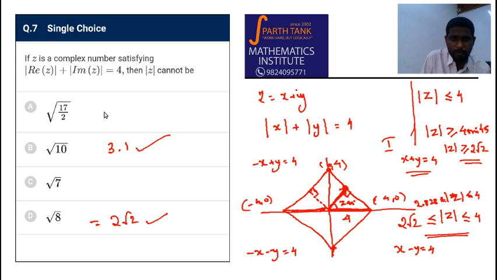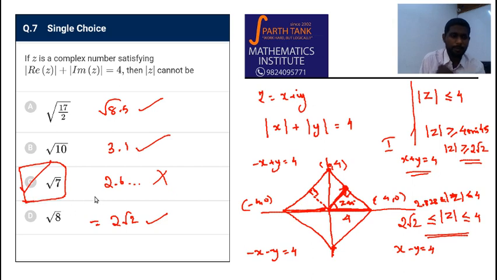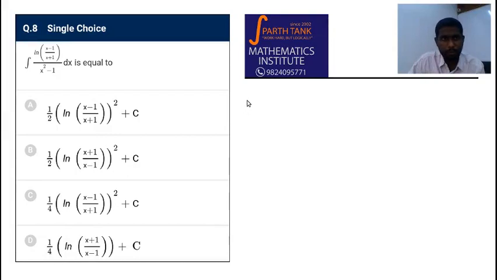Root 8.5 is also allowed, but root 7 is less than 2.8, right? Root 7 is 2.6 something. So this is not allowed. So mod Z cannot be this number, okay? So basically construct the graph, and from that you say that mod Z can be a maximum of 4 and a minimum of this distance.